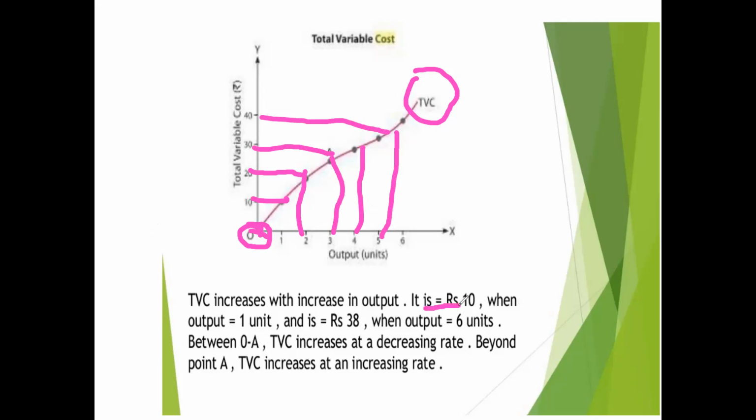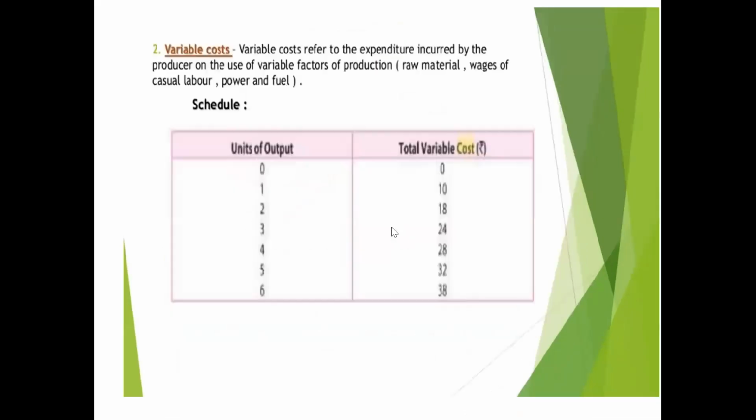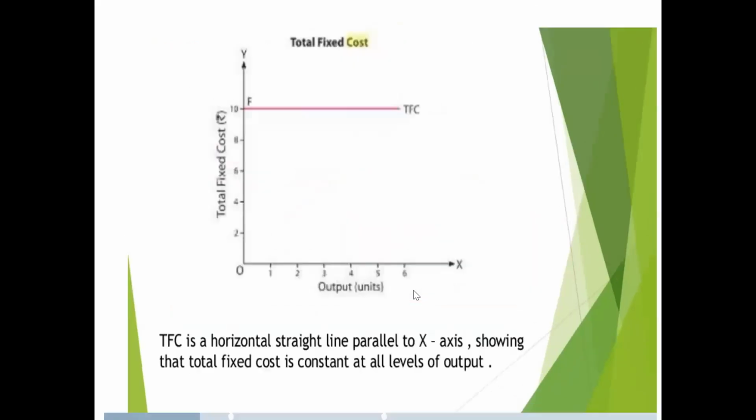If output is 0, the cost is 0. If you increase by 1, it is 10. For another one, likewise at 6 outputs, 38. When we increase the production output, the variable cost will increase along with that.